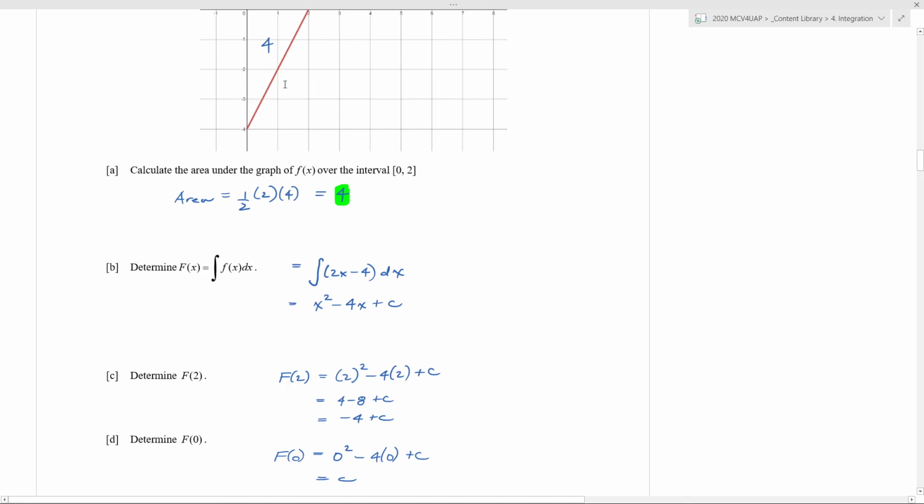So when you find the antiderivative and evaluate it at the two endpoints, when the function is negative, it will give you the negative of the area. Okay, so that's just something to keep in mind. When the y values are negative, the integral evaluated at the endpoints is the negative of the area.